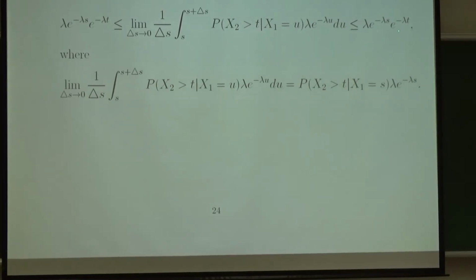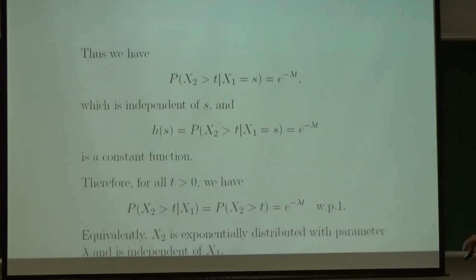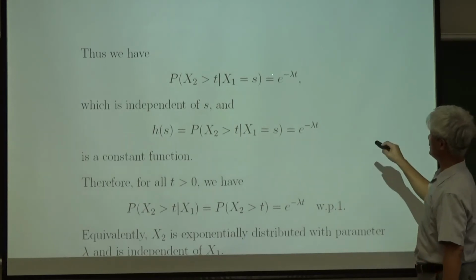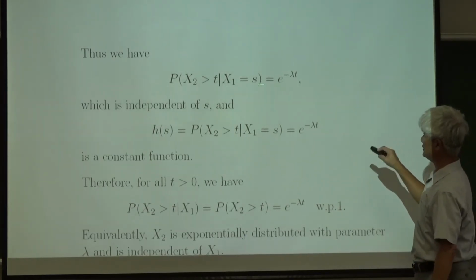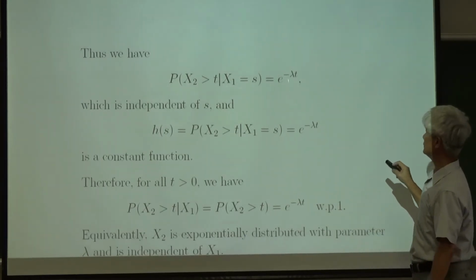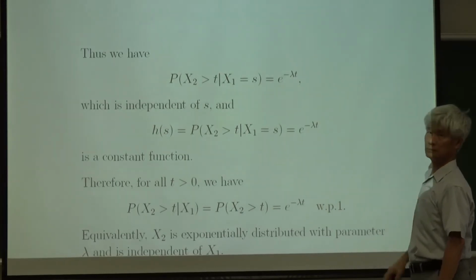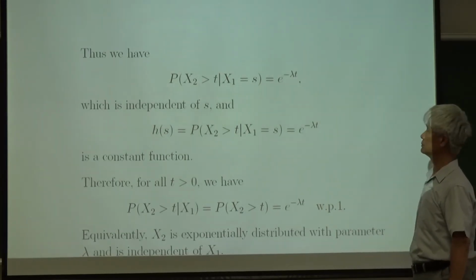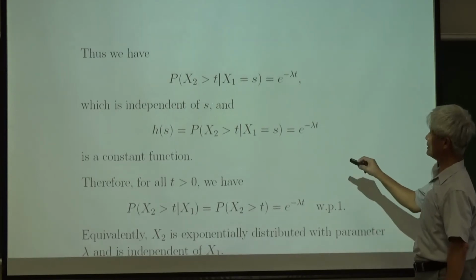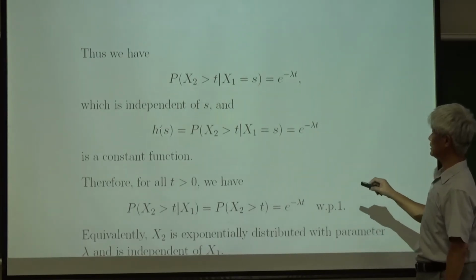This expression is equal to this one, so when you cancel, you find that this is equal to this one. It's very interesting that the result is independent of s. So it's a constant function.